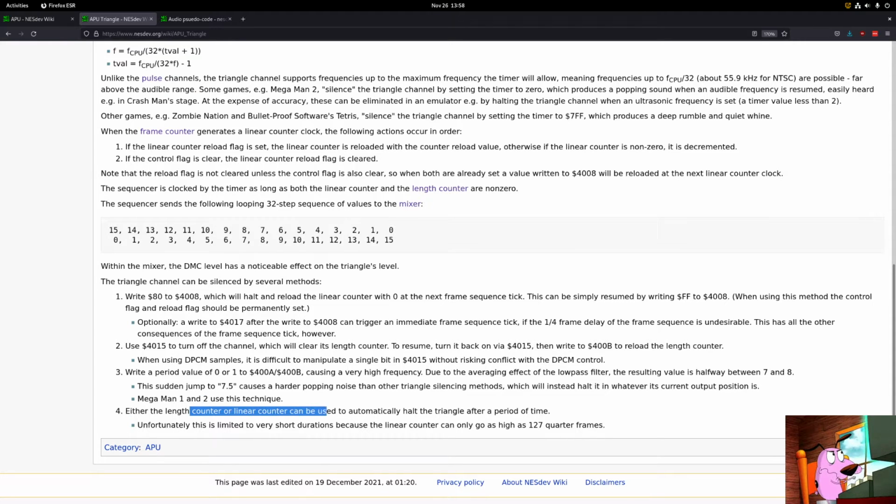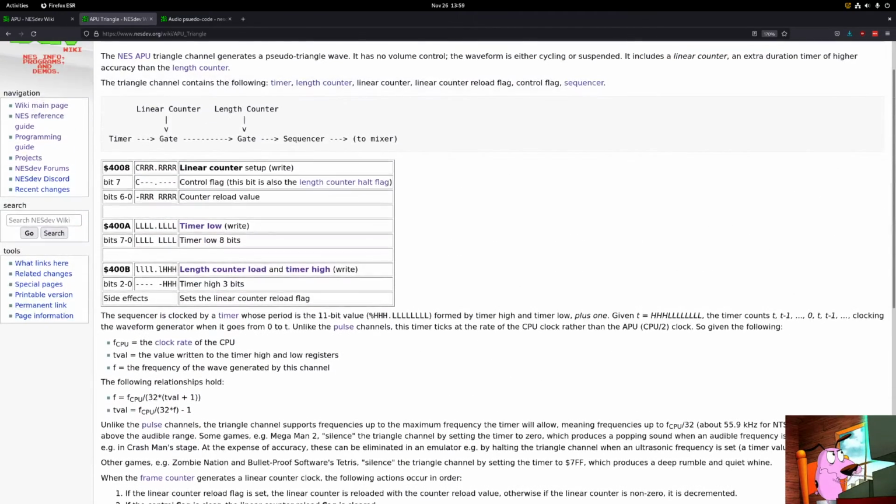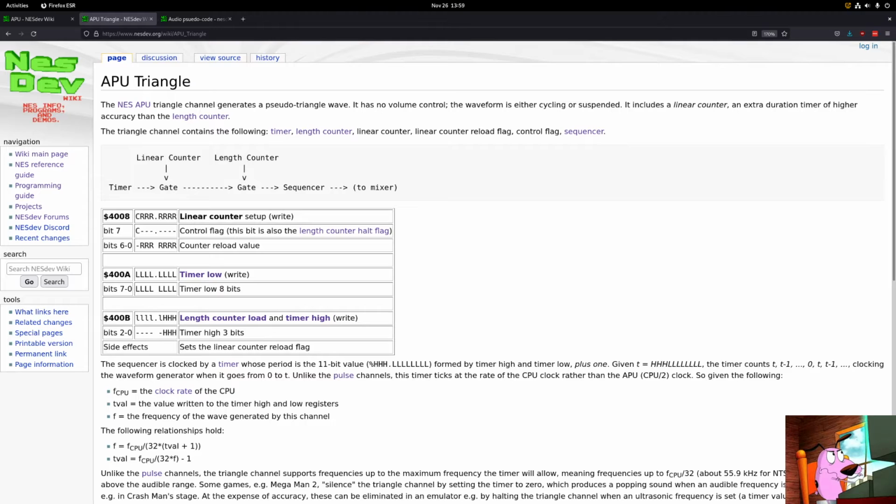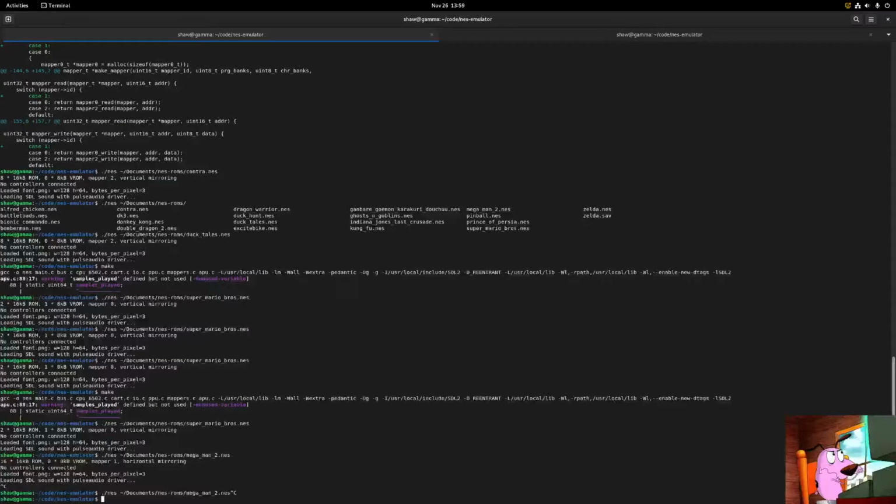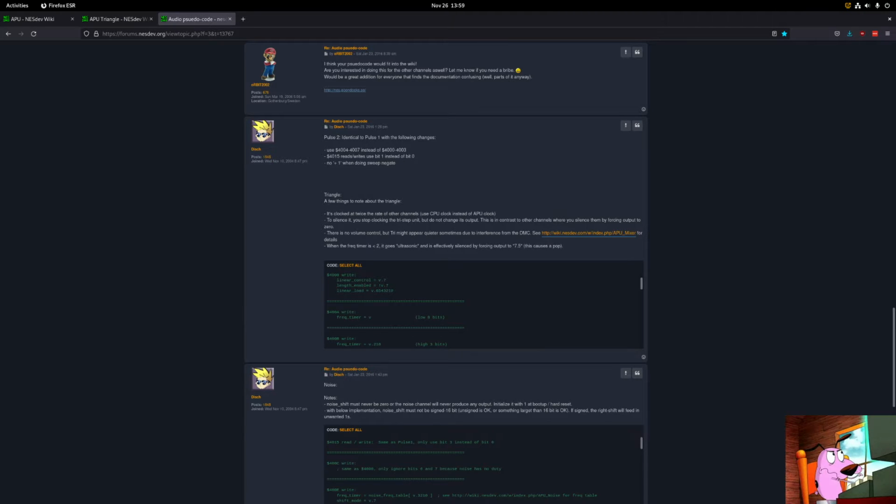The linear counter can be used automatically to halt the triangle after a period of time. So, 4008 write. Counter reload and control flag. Counter reload and control, but what about enabled?